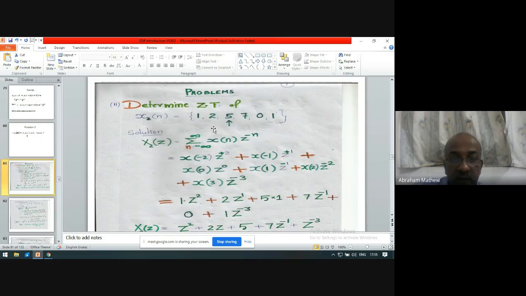Here there are two left side sequence with respect to origin and 3 right side sequence.